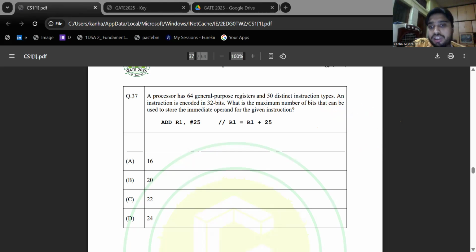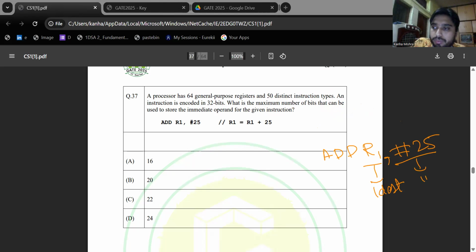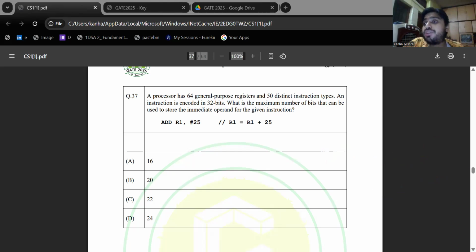So let's first look at the particular instruction. We are given add R1 and #25. So R1 will use one destination register and one immediate value. This is what it actually uses. We need 6 bits to identify one register, as calculated previously.